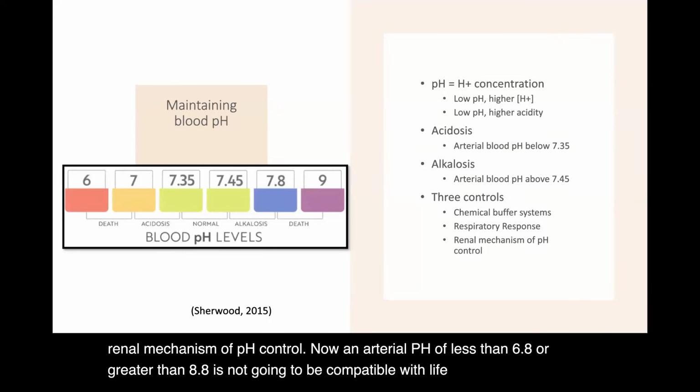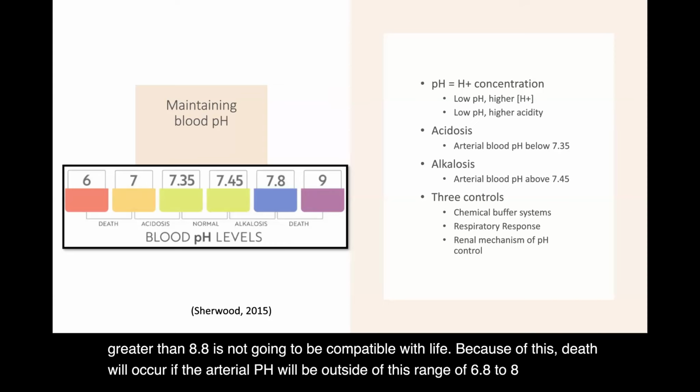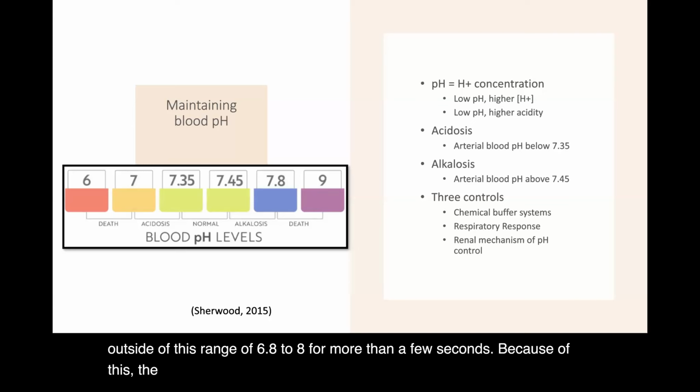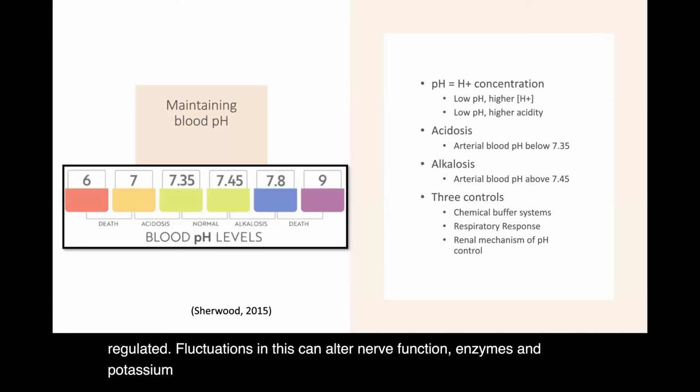Because of this, death will occur if the arterial pH is outside of this range for more than a few seconds. Because of this, the hydrogen ion concentrations in bodily fluids must be carefully regulated. Fluctuations in this can alter nerve function, enzymes, and potassium activity.